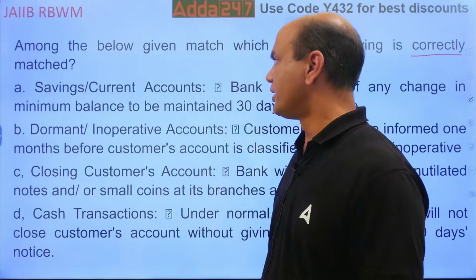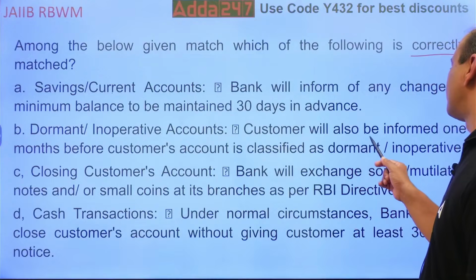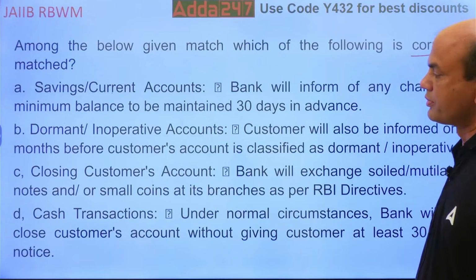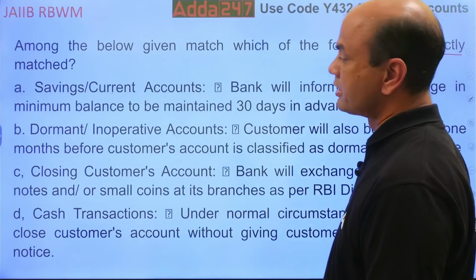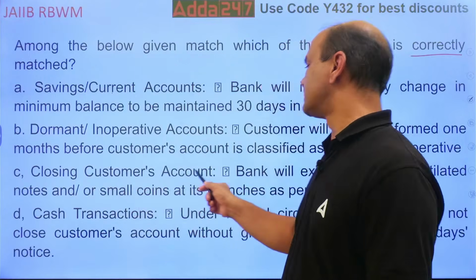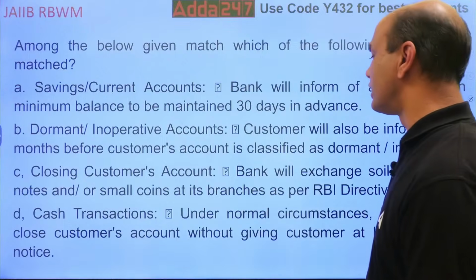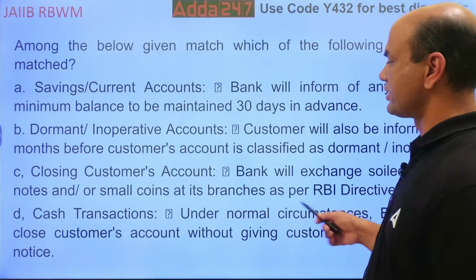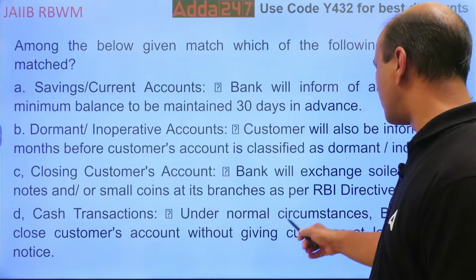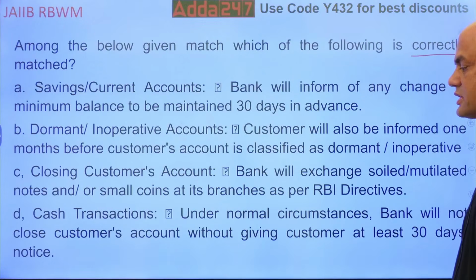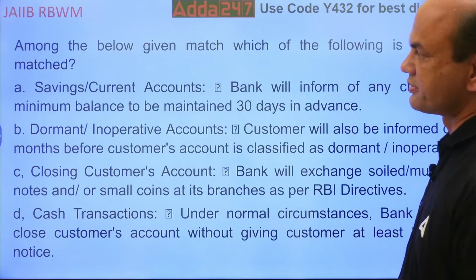Number 2, dormant inoperative accounts: customer will also be informed 1 month before the customer's account is classified as dormant or inoperative. Third, closing customer's account: bank will exchange soiled mutilated notes and small coins at its branches as per the RBI directives. This is totally wrong, isn't it? Cash transactions: under normal circumstances, bank will not close customer's account without giving customer at least 30 days notice.